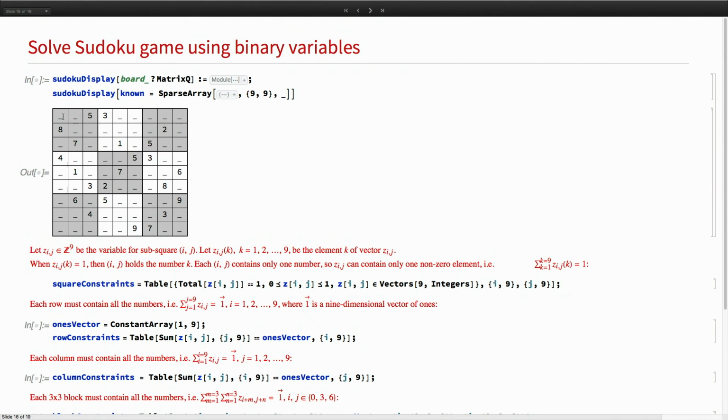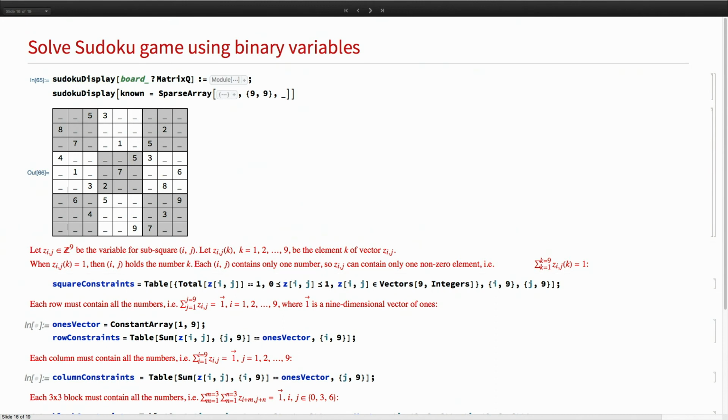Whatever element becomes non-zero, that is the number that will get assigned to this unknown value. So for example, we know this is 5, so there's a 9-dimensional vector associated with this block, and the 5th element there is 1, everything else is 0. So that's our base.